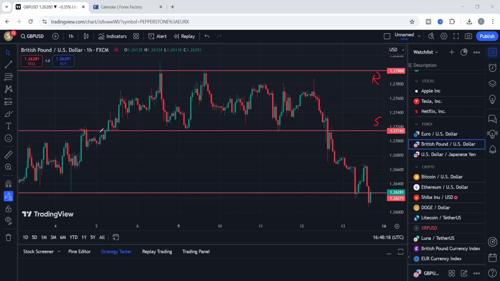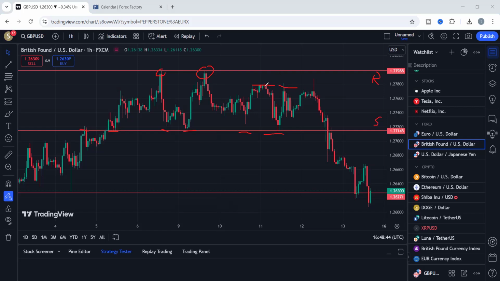If you look to the left, resistance, support, support, support, support, support. But then we were expecting price to get back to this point here of resistance. But look at what happened. It failed to get there at this point in time. It also failed here again. And then based on this failure and this failure, it didn't get to this resistance.